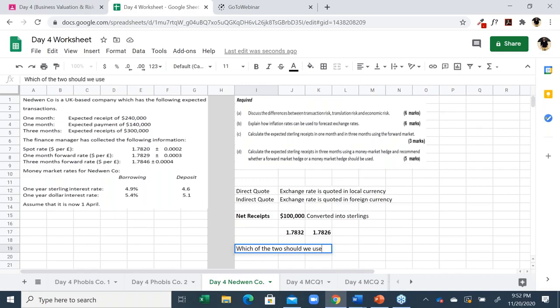So I just want you to concentrate, because this is something that puts most students into problems. Which of the two should we use? That is the first question. And the second question is whether we are multiplying with the rate for conversion or dividing by the rate.